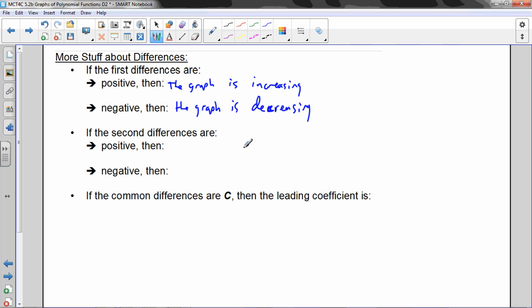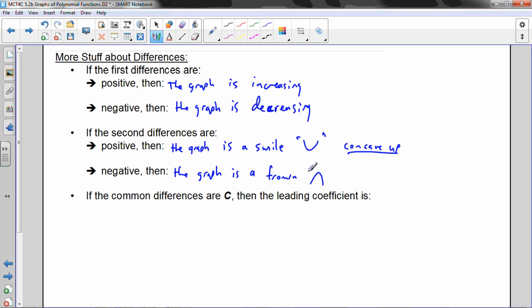What about the second differences? If the second differences are positive, then the graph is a smile. And that sounds silly, but it's this shape. It's called concave up, is the fancy math term. And then the opposite, if the second difference is negative, the graph is a frown, going downhill like this. Concave down is what it's called.